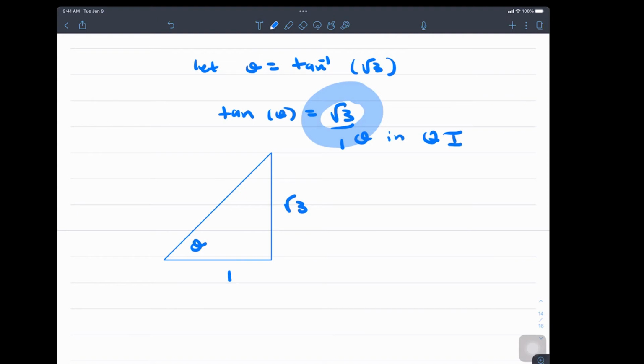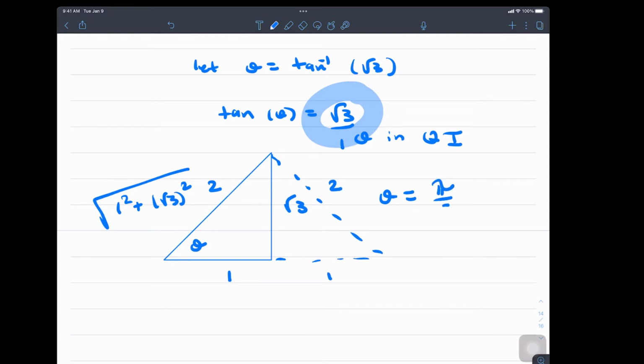What does that mean about my hypotenuse? Isn't that 1 squared plus the square root of 3 squared, which is 1 plus 3? It's actually the square root, right? Oh, this is 2. And you say, Mr. Judge, I've seen this special triangle all throughout the course. What is theta? You guys know what I'm talking about? Isn't that 60 degrees? Pi over 3. Okay, you guys okay with that one?